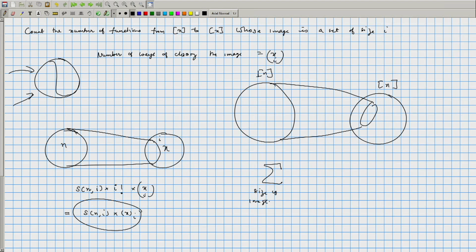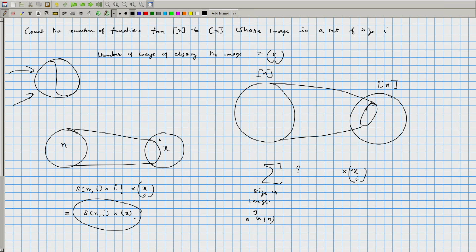The size of the image can vary from 1 to n, or we may assume that x is less than n, so the size of the image varies from 0 to size of x. Once we have fixed the size of the image, the image set could be chosen in x choose I ways, and then we just need to look at the surjective functions from n to that particular set.